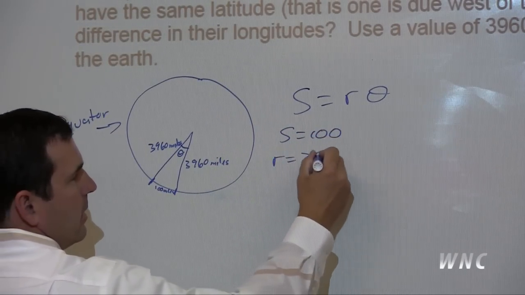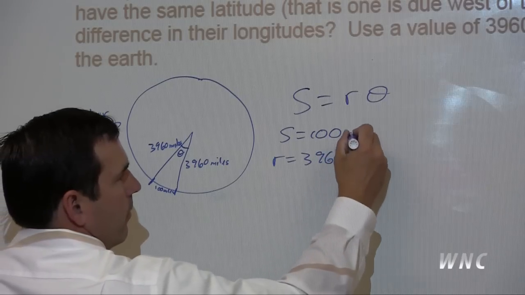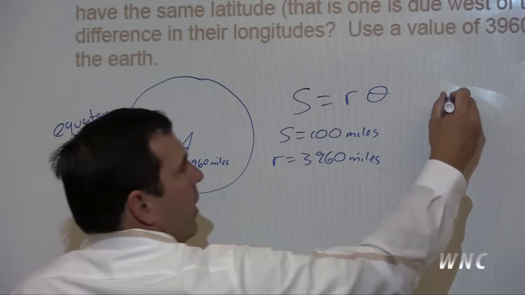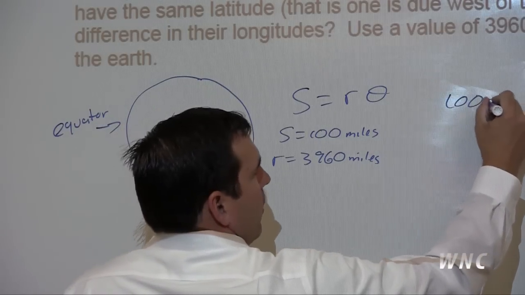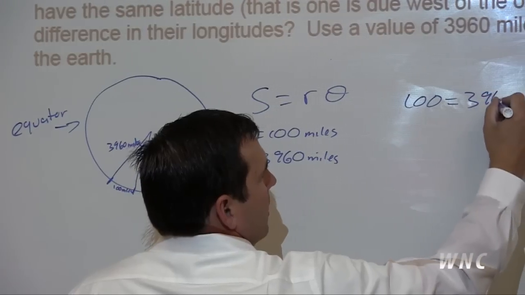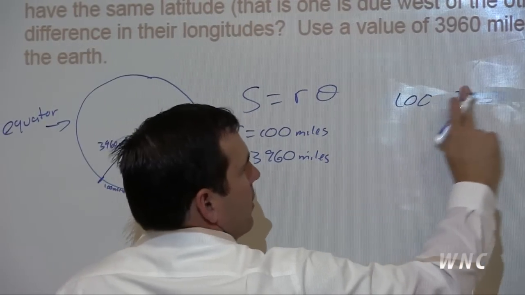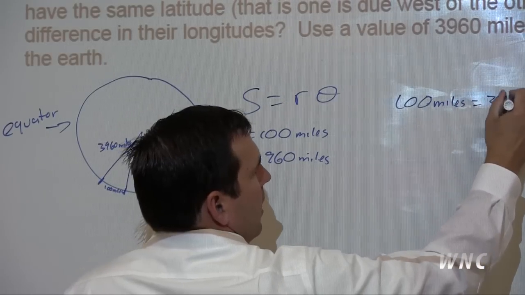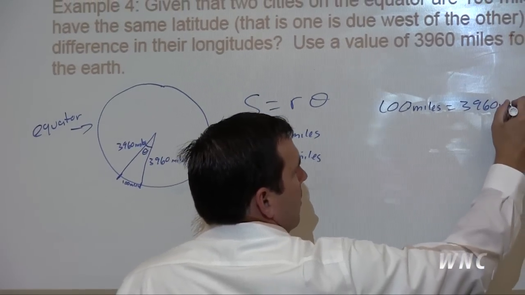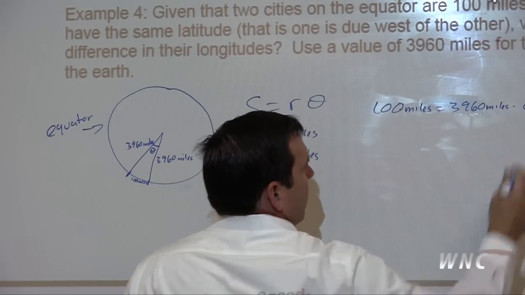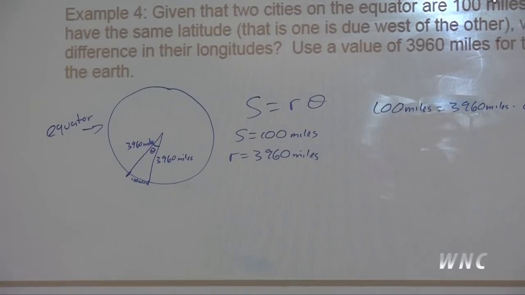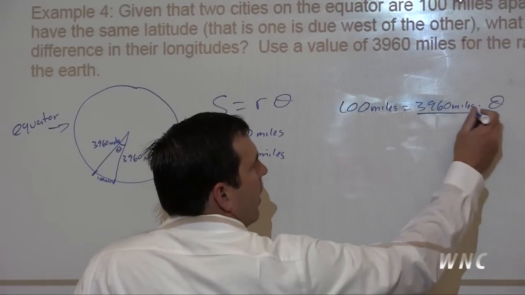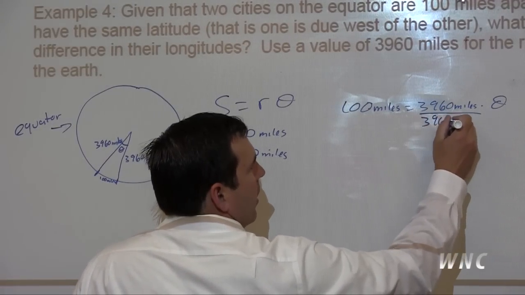R is 3,960 miles. So 100 miles equals 3,960 miles times theta. Then we're going to divide by 3,960 miles.